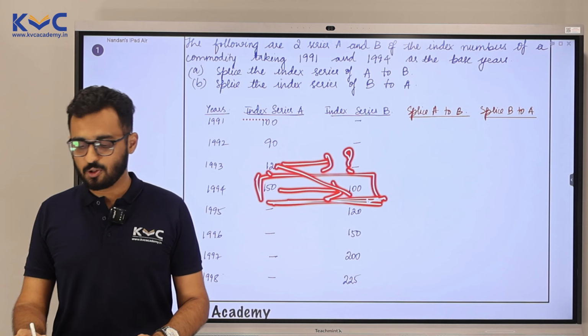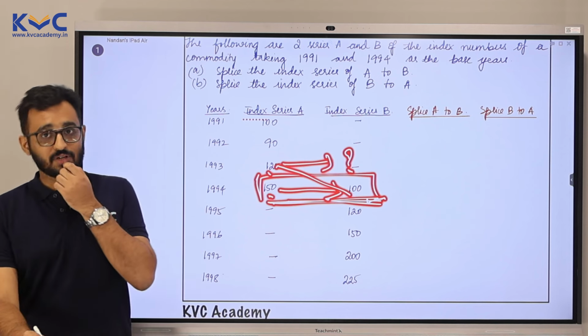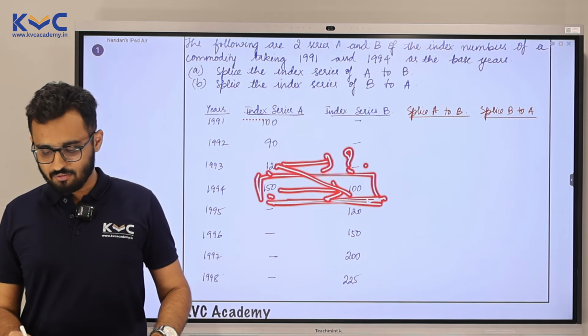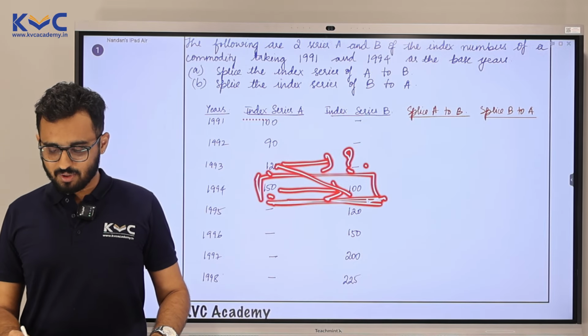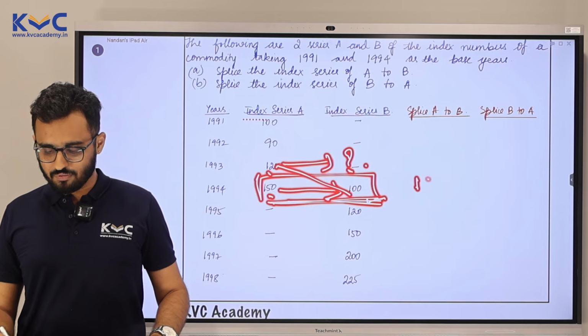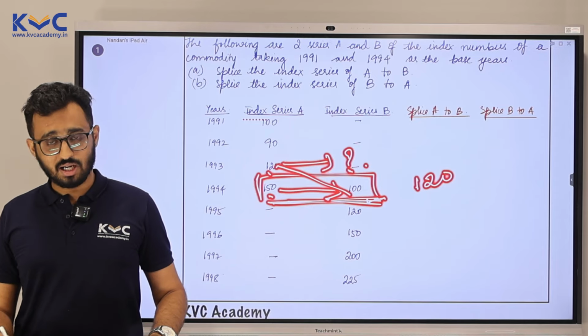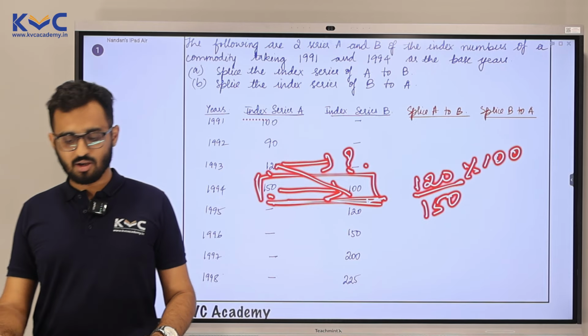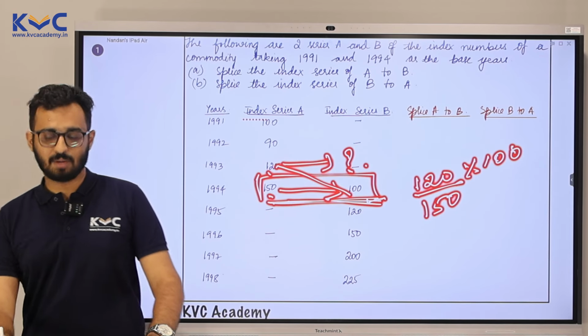So 125 into 100 divided by 150. So index series of A divided by the common one into 100. 120 into 100 divided by 150.